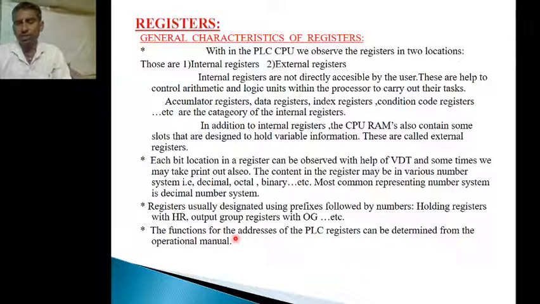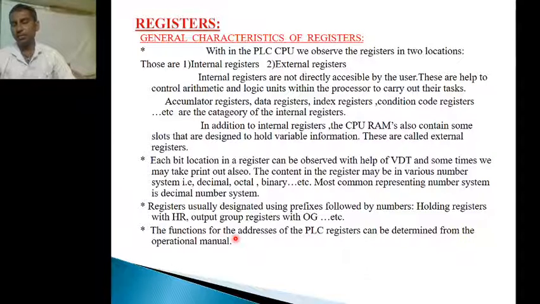Those registers hold the variable information, external data information, input devices information, etc. Normally registers are nothing but places to store information of anything, that means data register data, input register data or output register data. In this manner we can classify our registers into two types: internal registers and external registers.